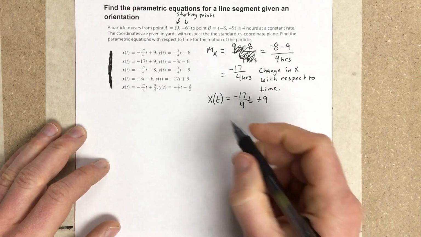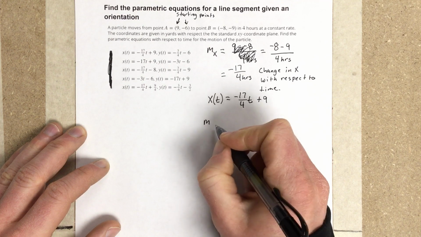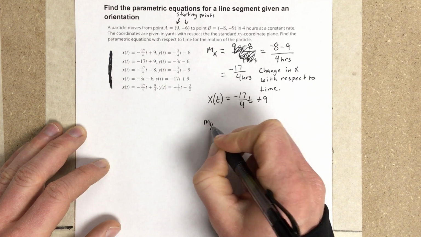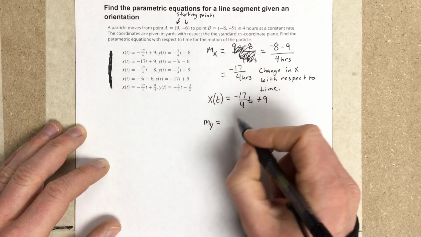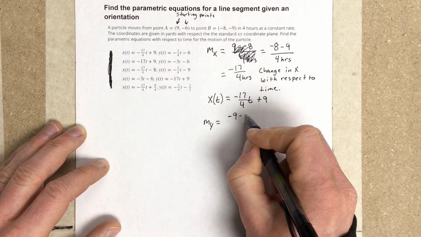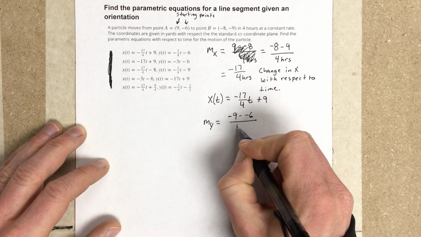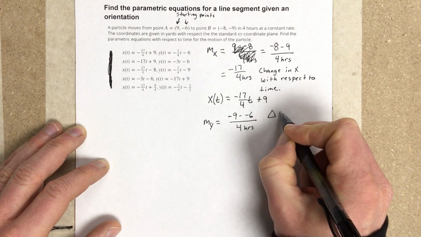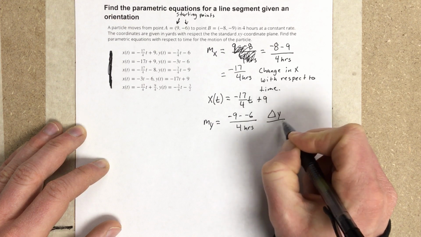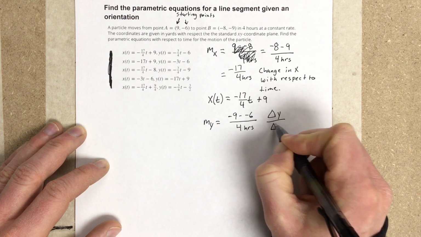Now I can do the same thing for y, so I'm going to say the slope for y is going to equal its ending point, -9, minus -6, all divided by the 4 hours as well. And this is change in y over change in time.